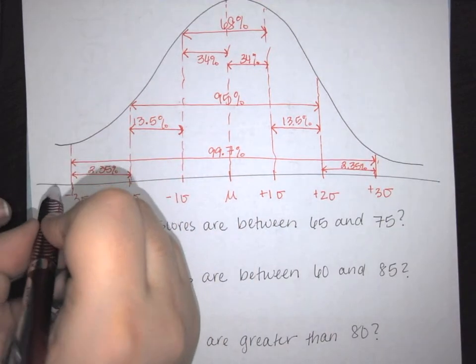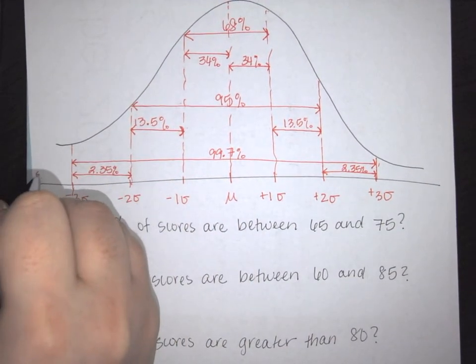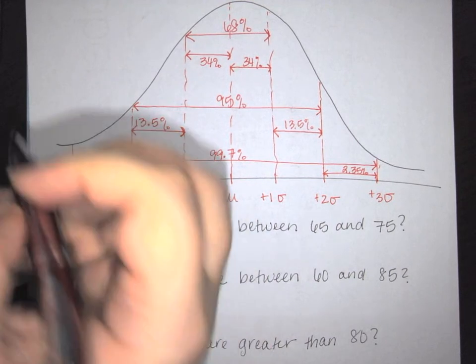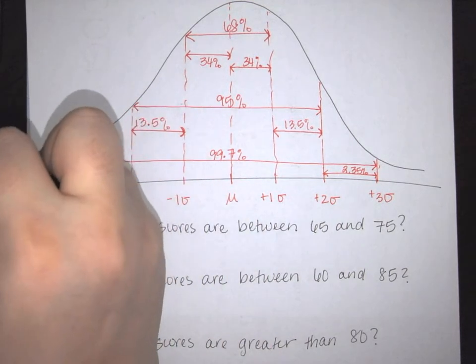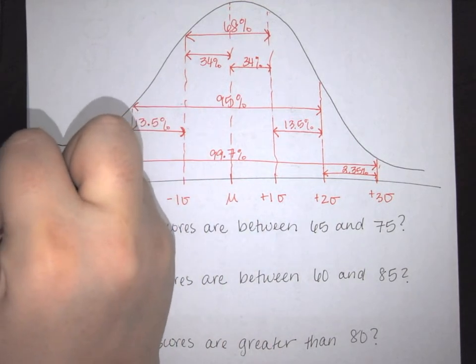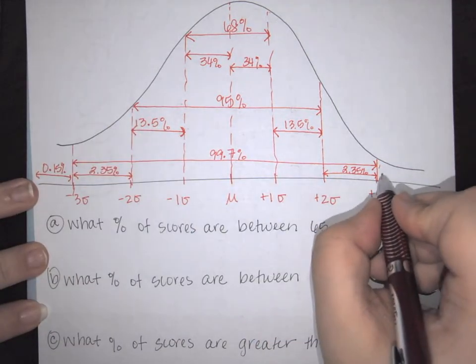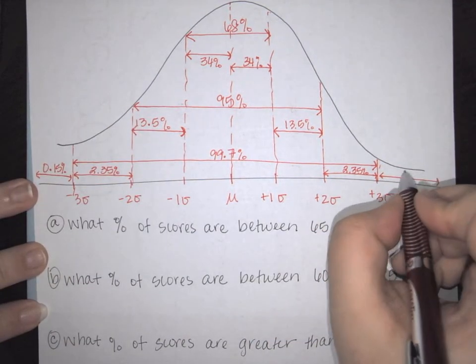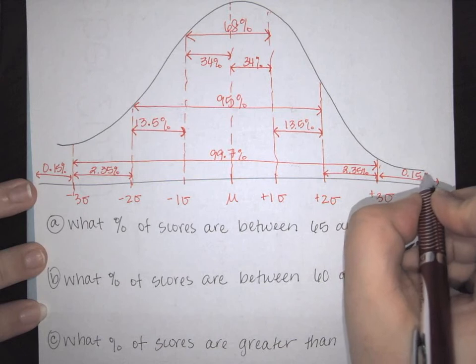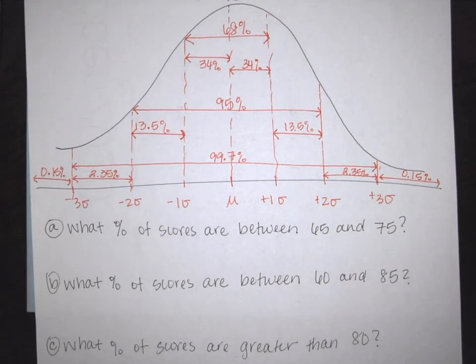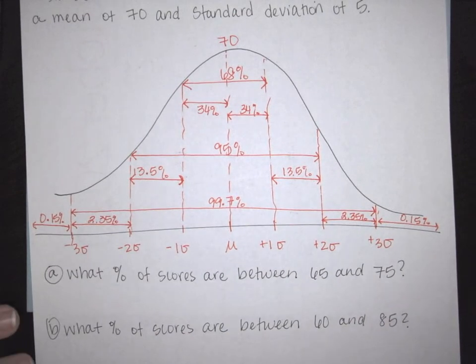And then of course you have the last. From there over is representative of 0.15%, and the same from here on is 0.15%.